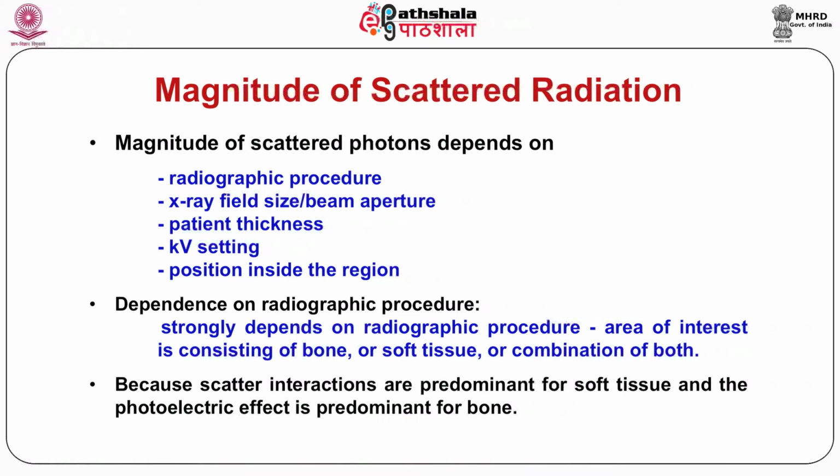The magnitude of a scattered photons strongly depends on the radiographic procedure, depending on whether the area of interest is a region consisting largely of bone or soft tissue or combination of both. This is due to the fact that scattered interactions, coherent and incoherent, are predominant for soft tissue and the photoelectric effect is predominant for bone.